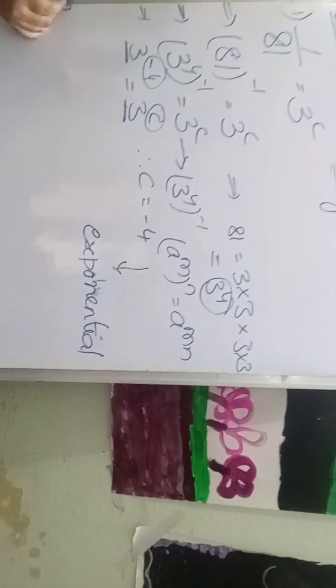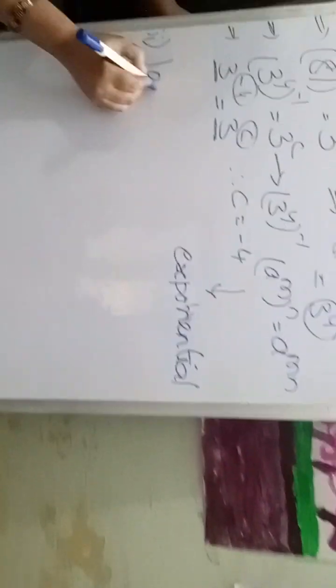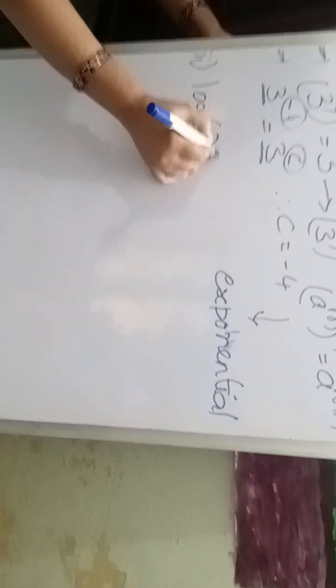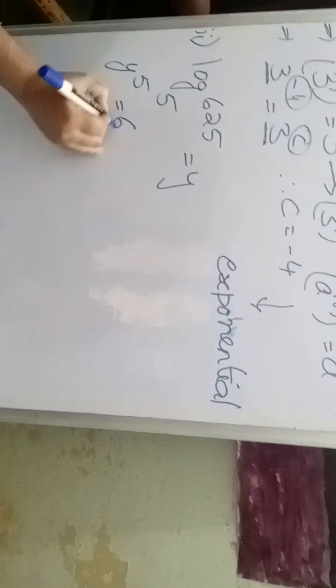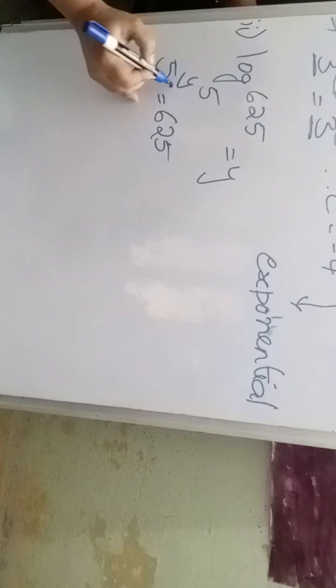And let us see one more example. Log of 625 base 5 is equal to y. So how can we write this? 5 power y equal to 625. Here we have to find the value of y.